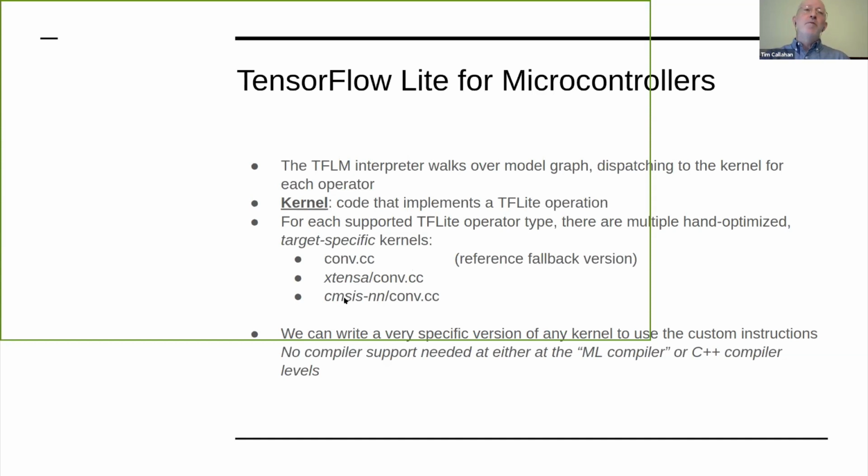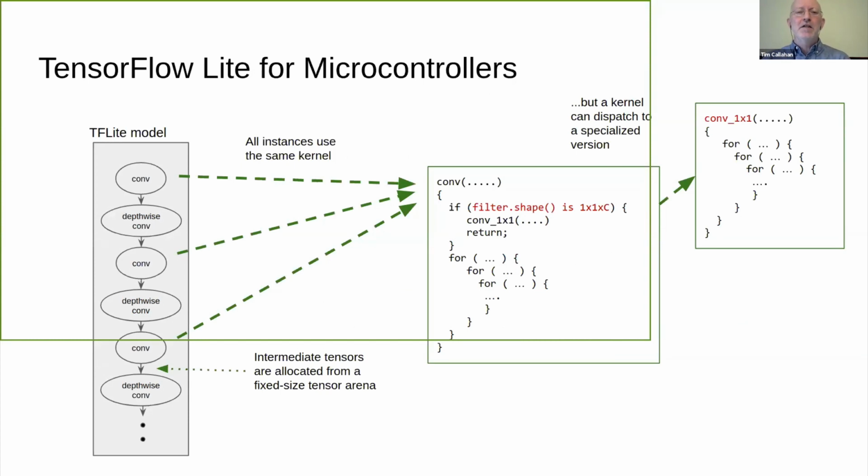So if you're hoping for an ML compiler talk, I'm sorry to disappoint. In CFU Playground, you are the ML compiler. This is what it looks like graphically. So we have the TensorFlow model over here.